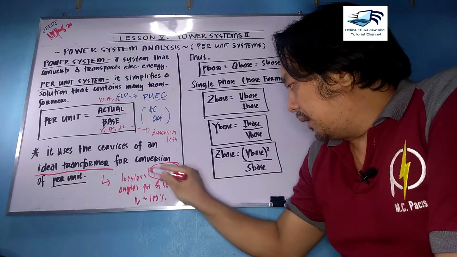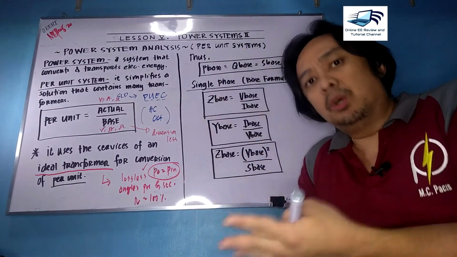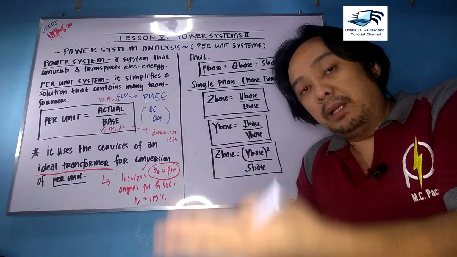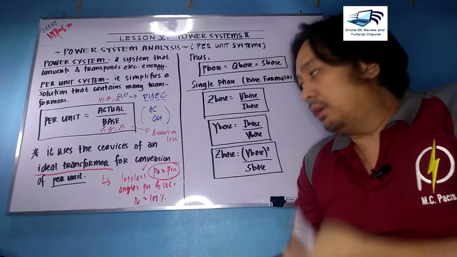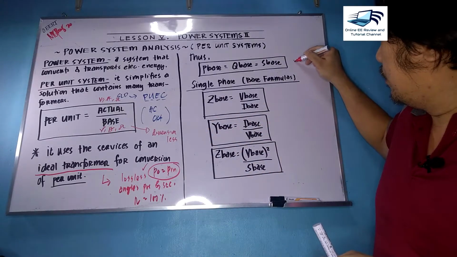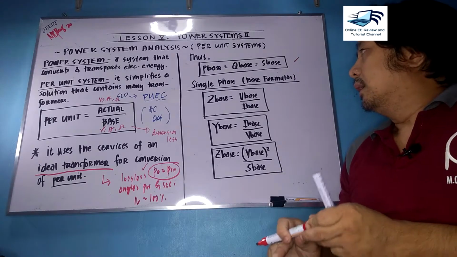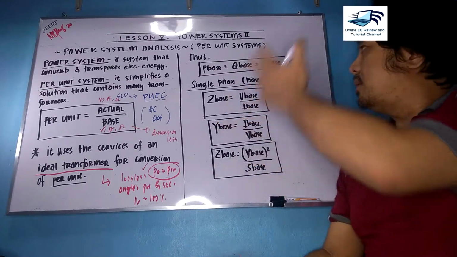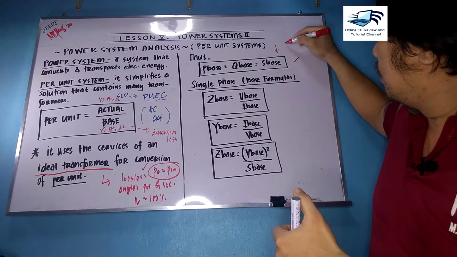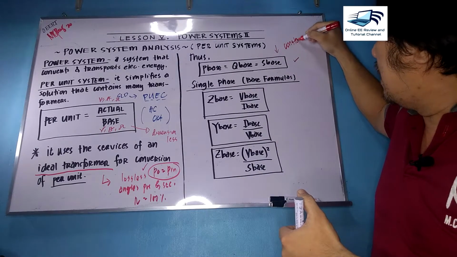If this is the case, then your apparent power, complex power, and reactive power are also the same in terms of output and input. Thus, in our base computations, it is not surprising that P base is equal to Q base equal to S base. And S base is always constant all throughout the system.